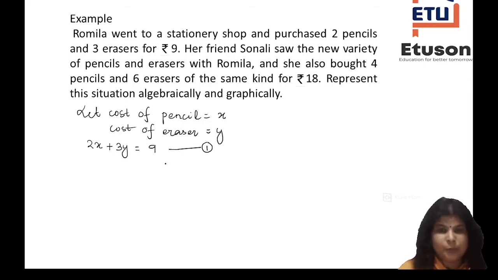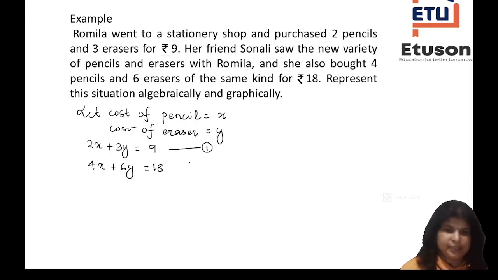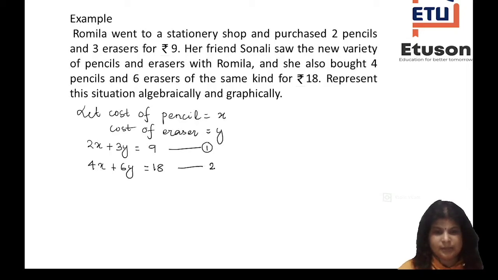Now how many is her friend Sonali purchasing? So she is purchasing 4 pencils, that is 4x plus 6y is equal to 18. Okay, so this is the second equation. Now you have expressed the situation algebraically.